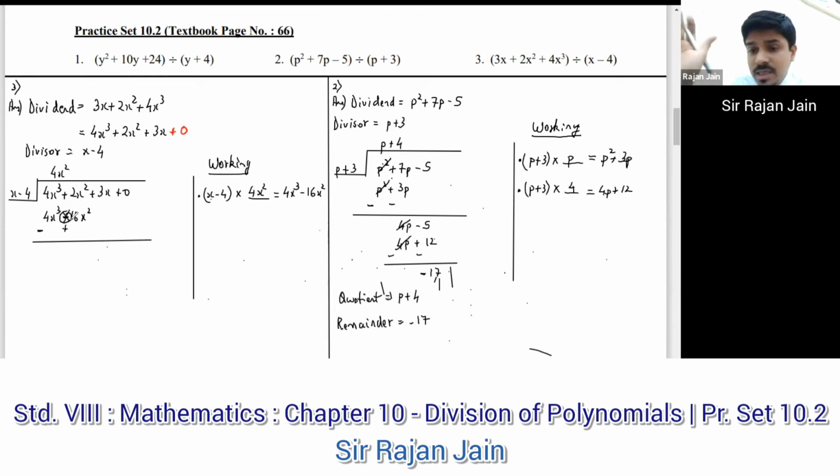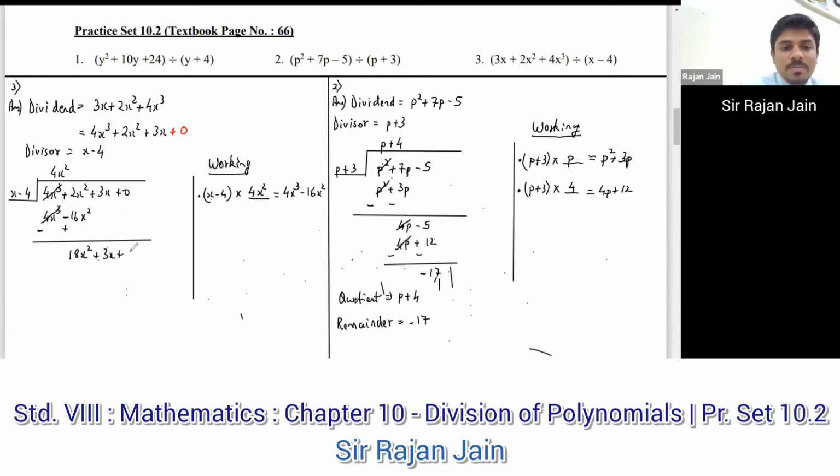Old sign consider करना ही नहीं. Okay, so now 4x cube got cancelled. 2x square plus 16x square. ये minus consider ही नहीं होगा. So it is plus 2 plus 16. Plus 2 plus 16, very obvious, it will give you plus 18. Okay, this particular thing, both the terms will be written down as it is without change of sign.